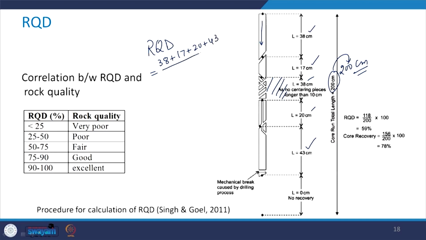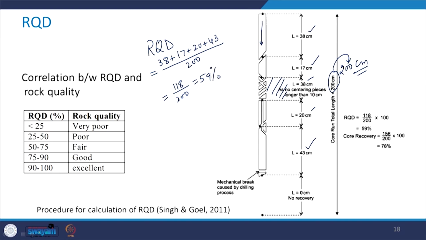This is divided by the total core run length, which is 200. You see this works out to be 118 divided by 200, which is equal to 59%. So, this is what RQD is.